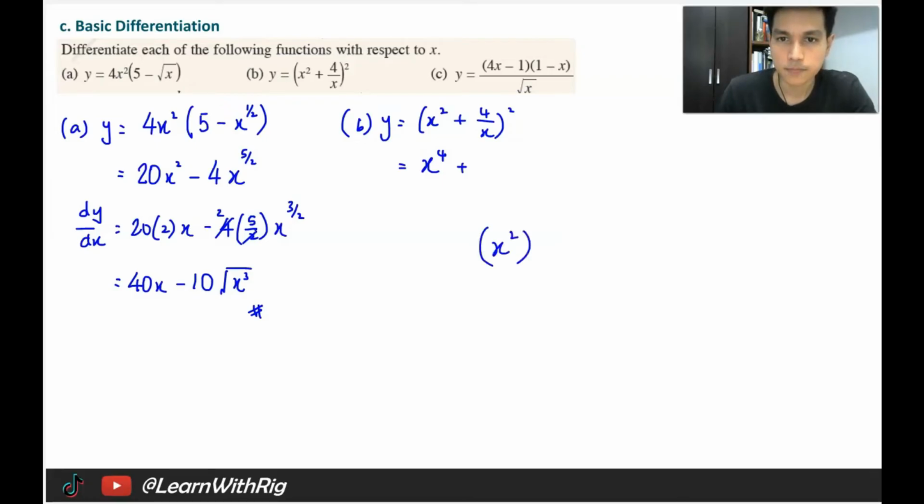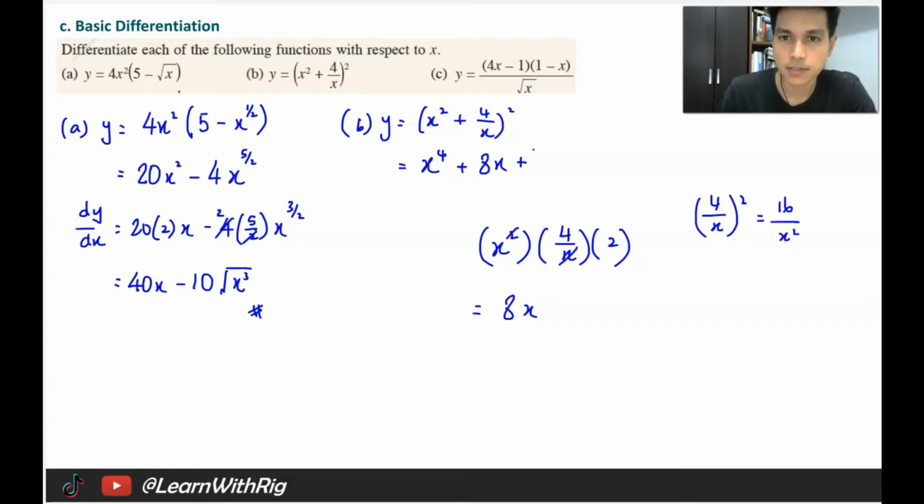X square times 4 over x times 2. Here you cannot simplify, so you get 8x. Then plus 4 over x square is what? 16 over x square. So I'm going to write it as 16x power negative 2.